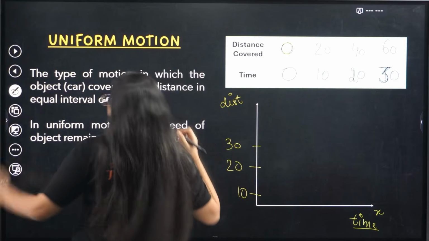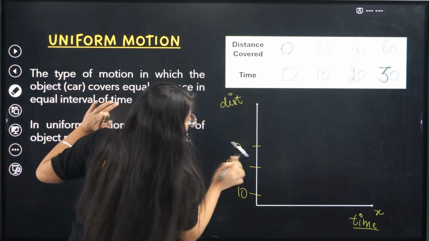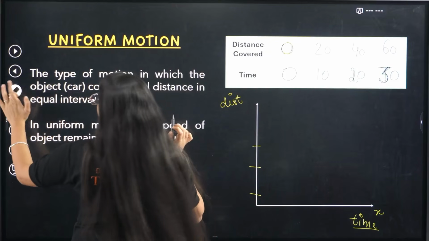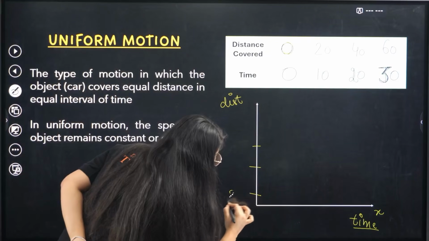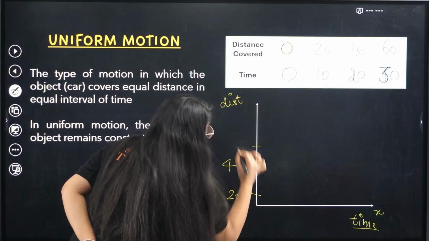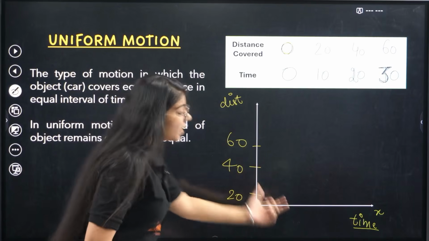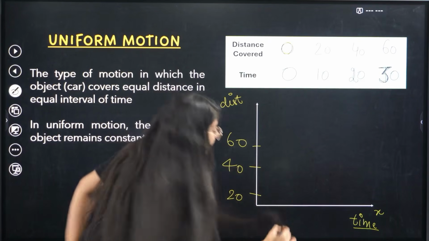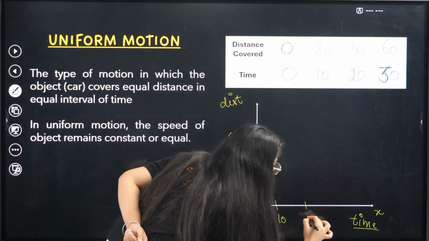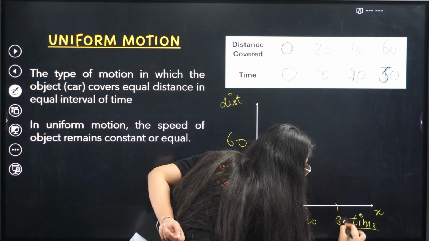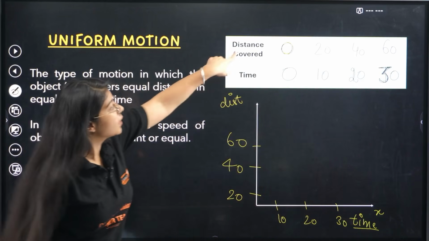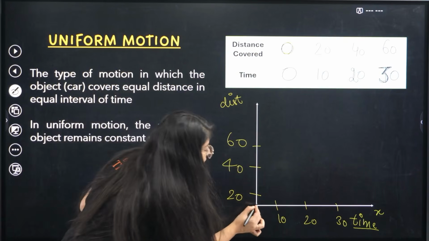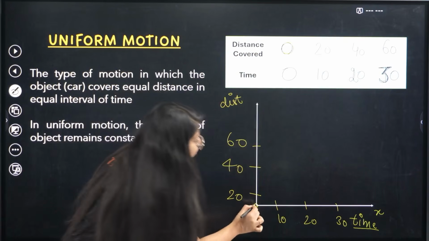We will use intervals of 20, so this is 20 meters, 40 meters and 60 meters. And here we have time in intervals of 10, so this will be 10 seconds, 20 seconds and 30 seconds. Initially distance was 0, and time was also 0, so the point is somewhere here.